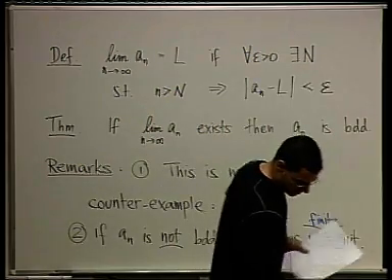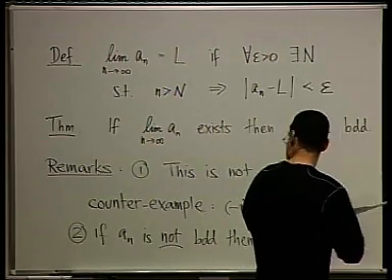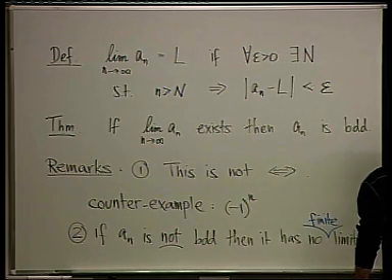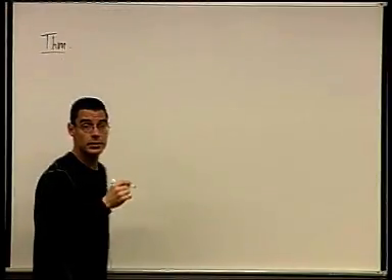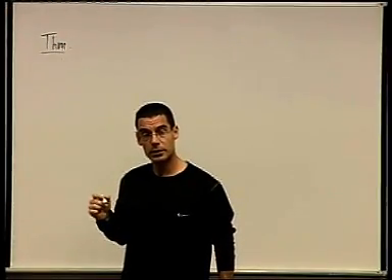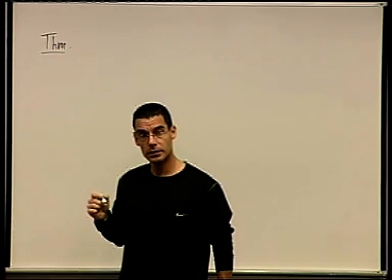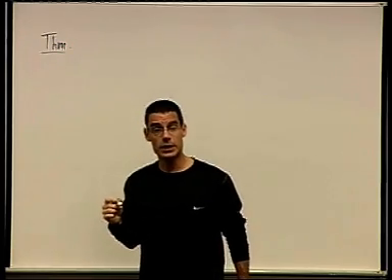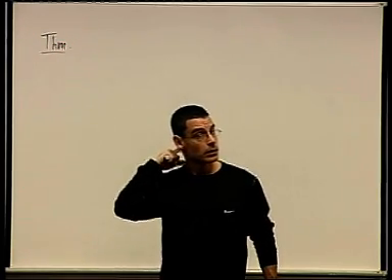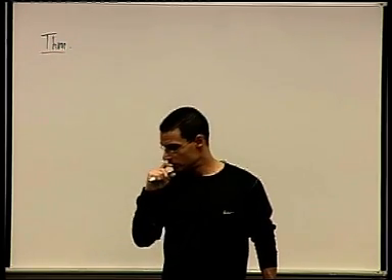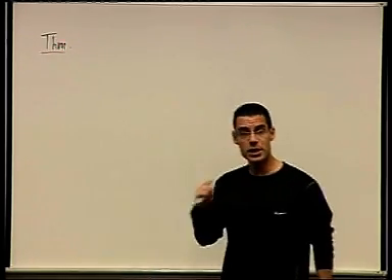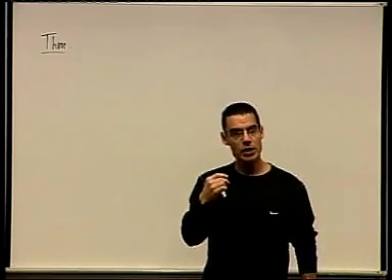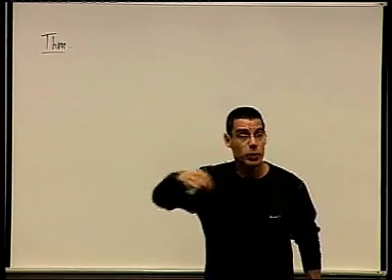Okay, so that's this theorem and these remarks. And the next thing I want to discuss is more theorems, and the next one is the limit arithmetics. So theorem. Question? Yes? But we say, like, if an is bounded, there is a limit, but if it's bounded at infinity... What do you mean by bounded at infinity? I mean, not bounded. I'm not sure I understand what you're saying. You're saying bounded at infinity. The notion of bounded is not a pointwise notion.